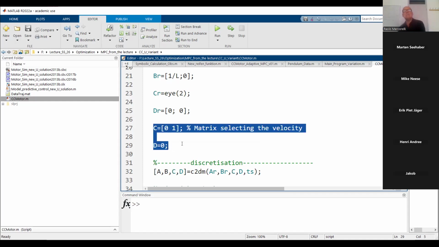We will clarify a little bit better with Simulink the use of the matrices A, B, C, D, but probably you already learned this from control. Look at the discretization.